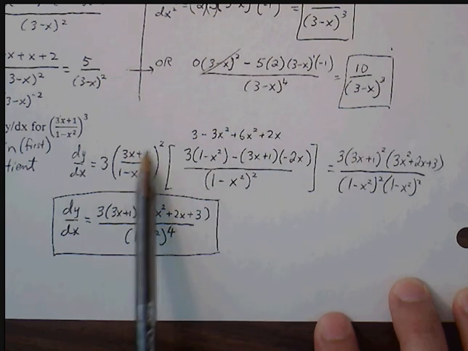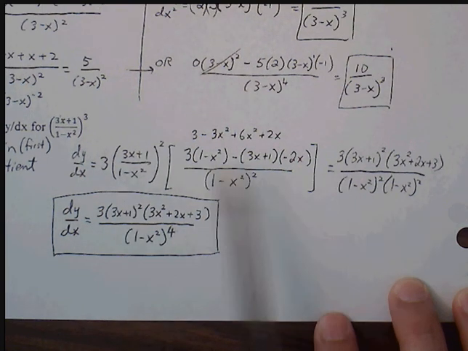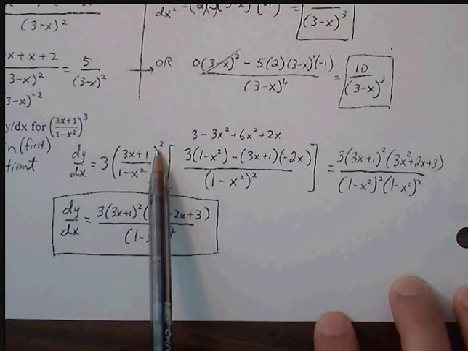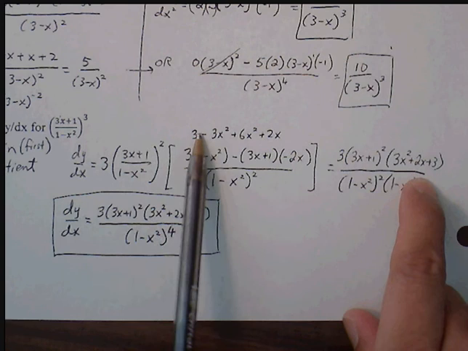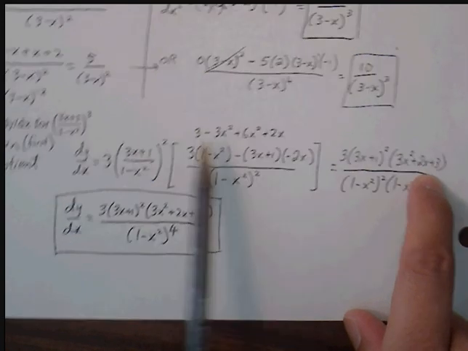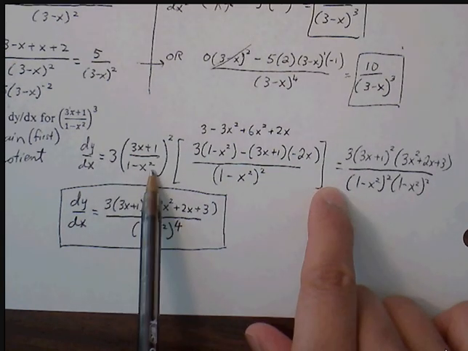And now I'm just going to distribute everything through. So everything in the numerator I'll put on the top. Everything in the denominator will go to the bottom. So 3x plus 1 squared, and the result of this expression, which is 3x squared plus 2x plus 3, goes in the numerator. And then the denominator will be the 1 minus x squared.